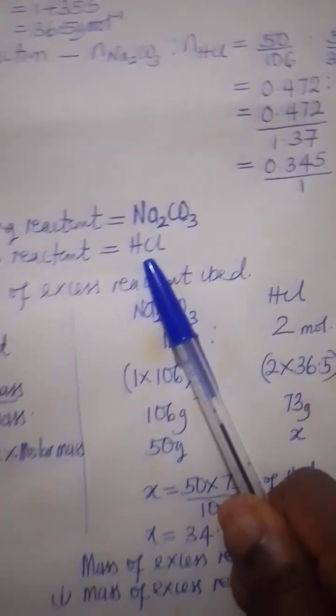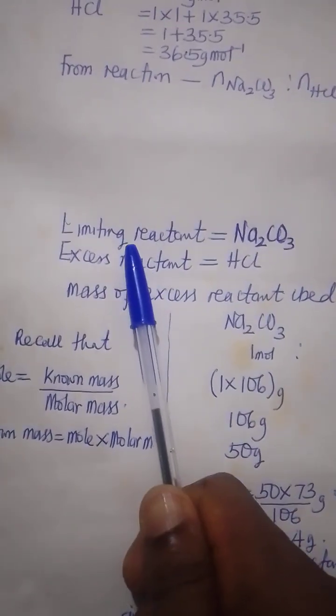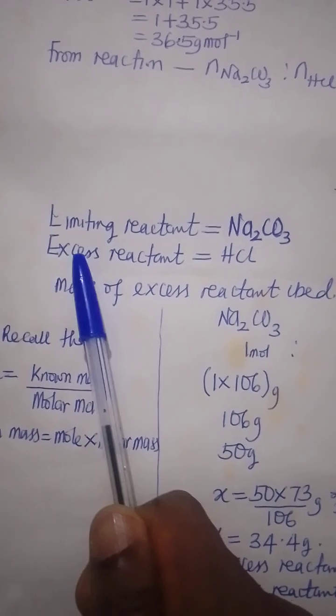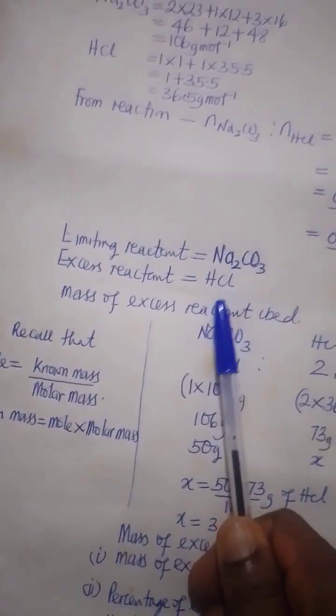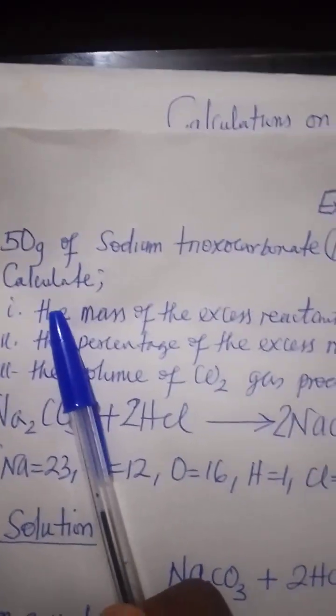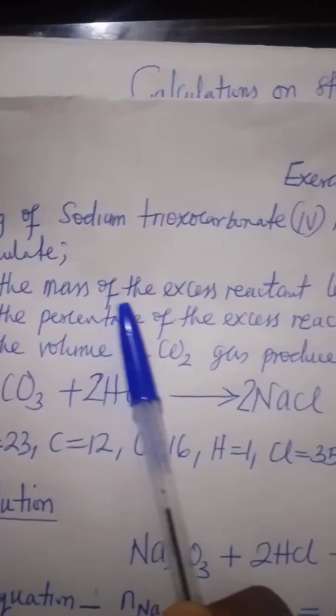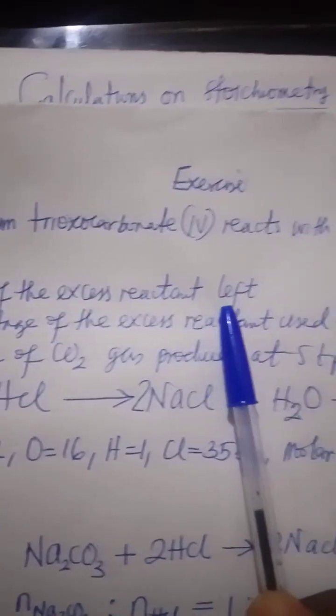Having determined the limiting reactant and the excess reactant, we can now fully go to solve the problem. What is problem 1? Problem 1 says we should calculate the mass of the excess reactant left.